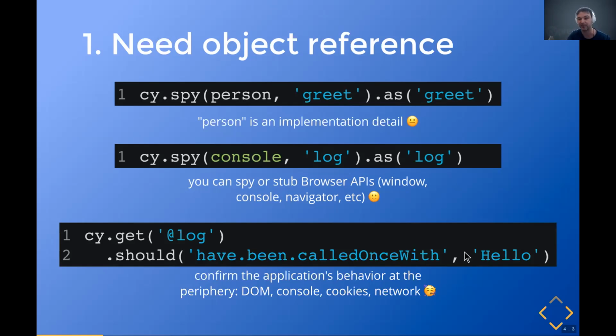But in Cypress, the most common thing is to find DOM elements, which is another browser periphery, which is standard and will never change. So as long as your application is outputting elements in the DOM and your test finds them and asserts them, you're good. You're not testing implementation details. And the network is also something at the periphery of your application, right? It's something that's a standard.